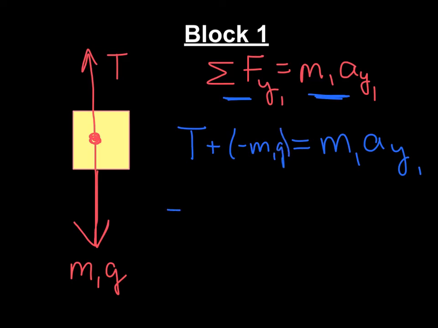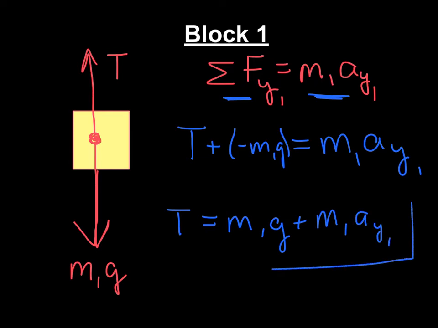So we solve and we get tension equals m1g plus m1a_y1. That's our big result for this side.